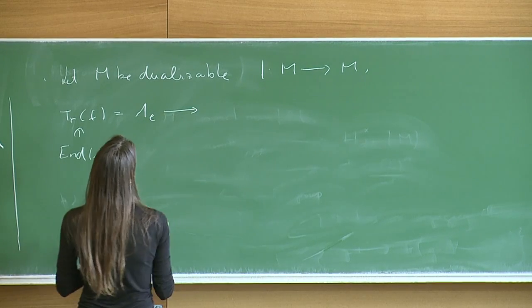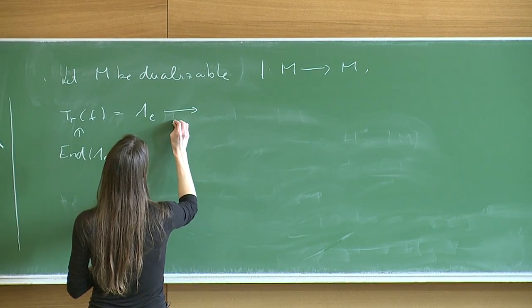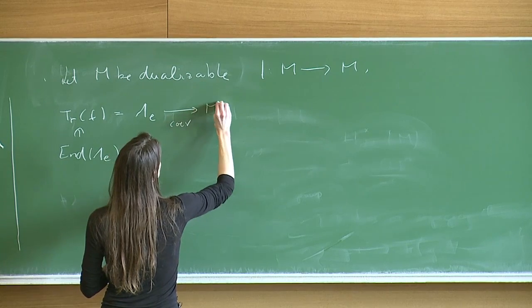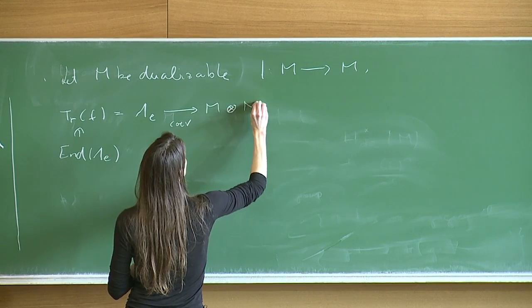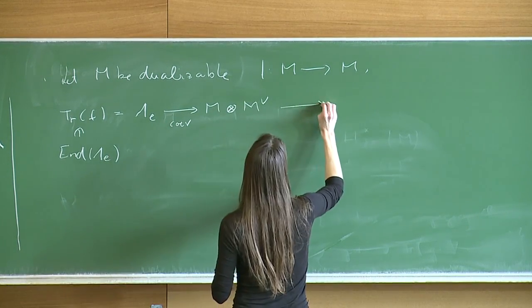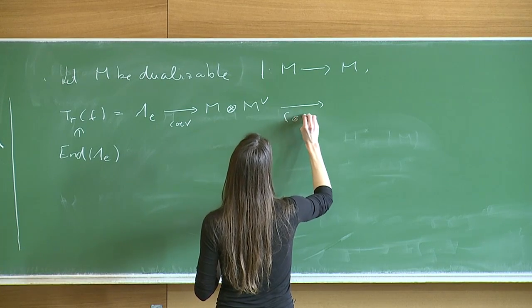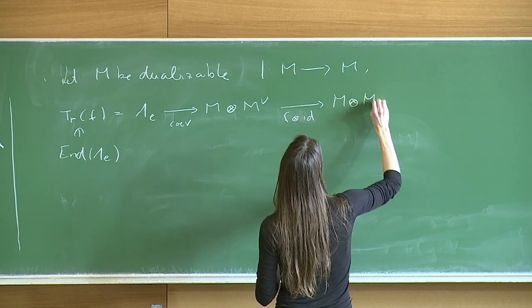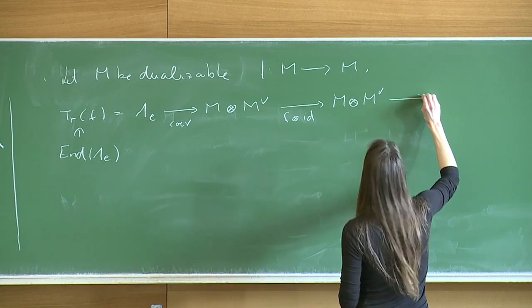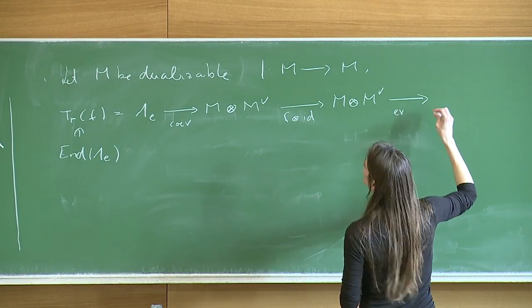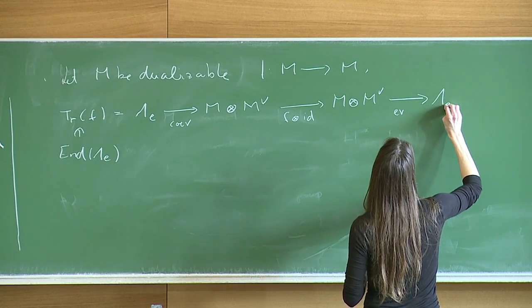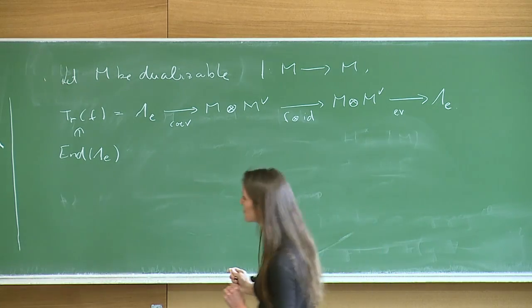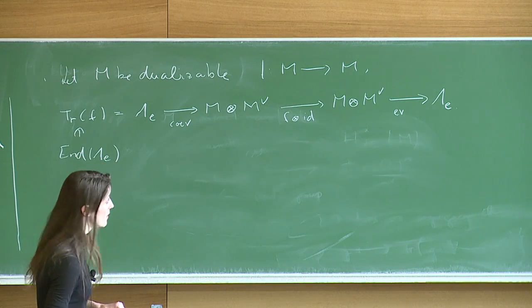We take the composition of the unit object, the coevaluation. Then in the middle we apply F tensor the identity. And then we apply the evaluation map. So this is what we call the trace of F.